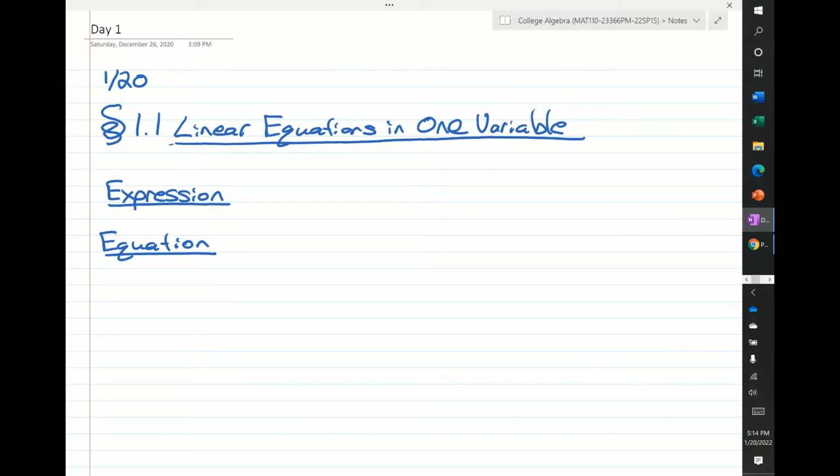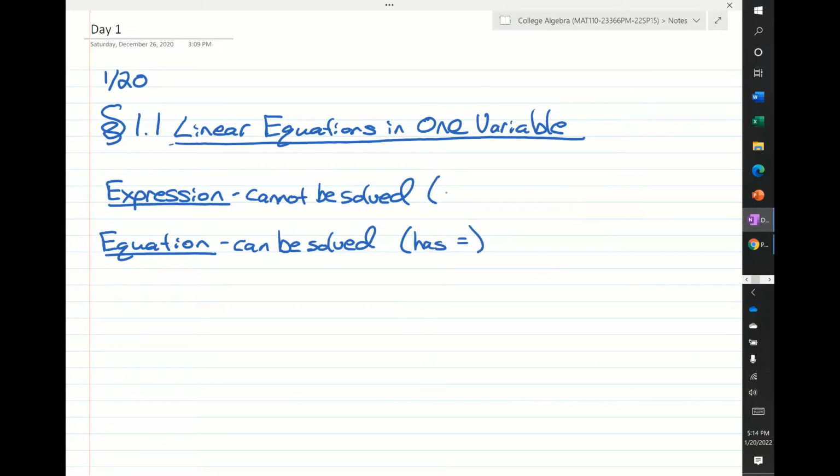That's what I was planning with. An expression cannot be solved and an equation can be solved. Also, an equation has an equal sign. An expression doesn't have an equal sign.